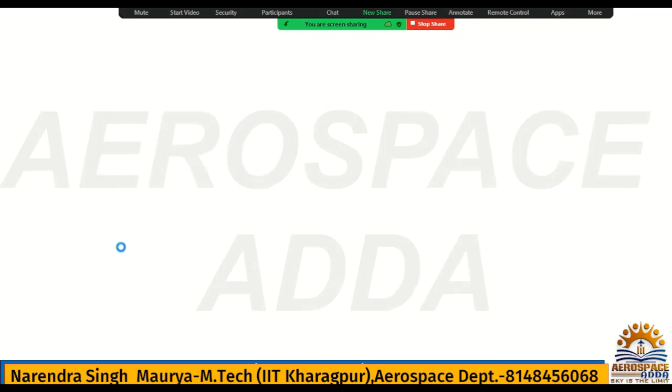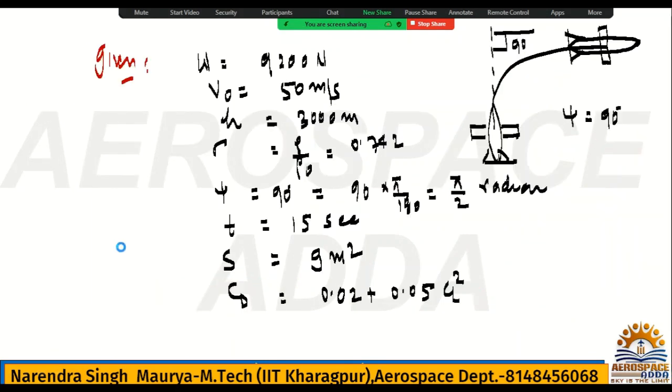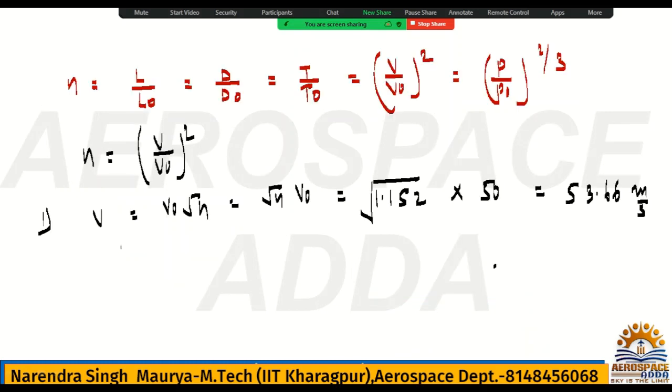Number two, what you have to calculate next? Lift force during turning. Good. How to calculate lift force during turning? First you should know what is the lift force during steady state level flight. It is the weight. So the second one is n is equal to L upon L naught. What is L naught?